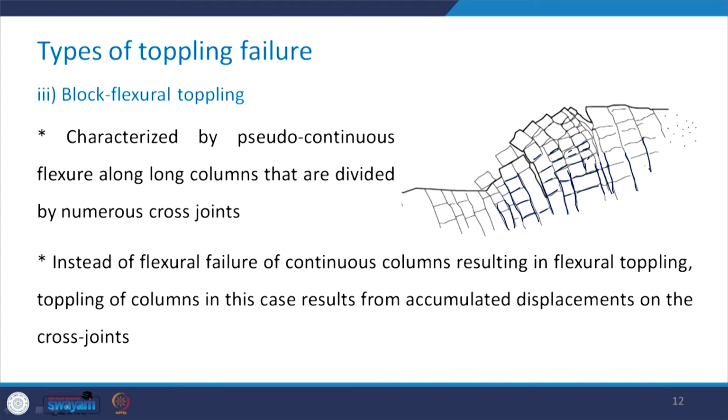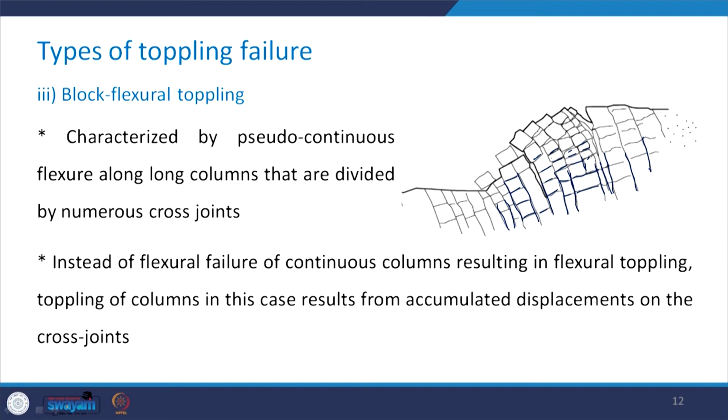So, instead of the flexural failure of the continuous columns, which was there in the case of the flexural toppling, in this case toppling of the columns results from the accumulated displacements on the cross joints. So, take a look here at the cross joints.